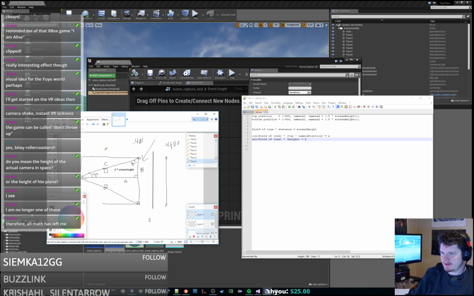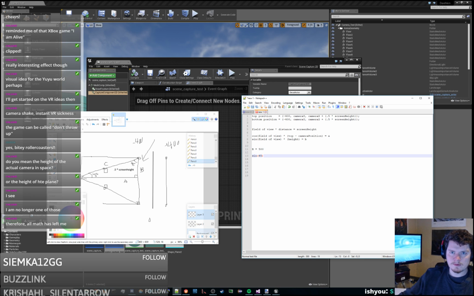I mean, maybe we should just start plugging in a few numbers and the formula will fall out of that. So if B is 500, then what is A going to be? So 500, so the sine of 45 degrees.